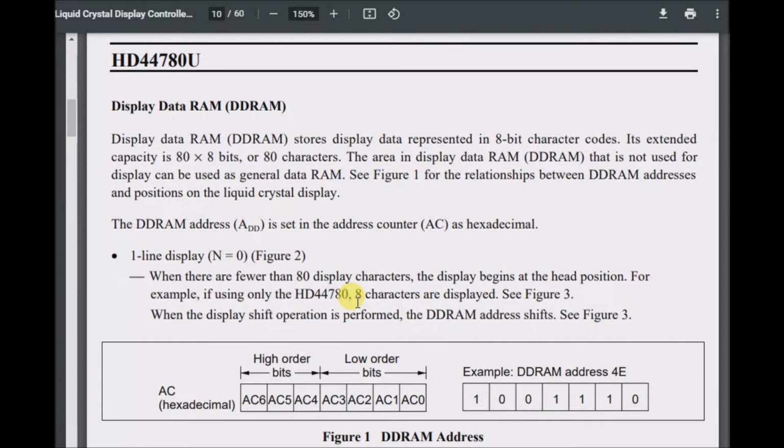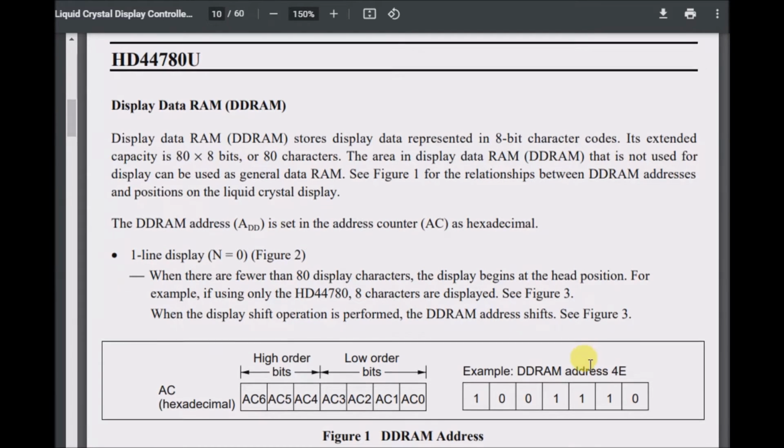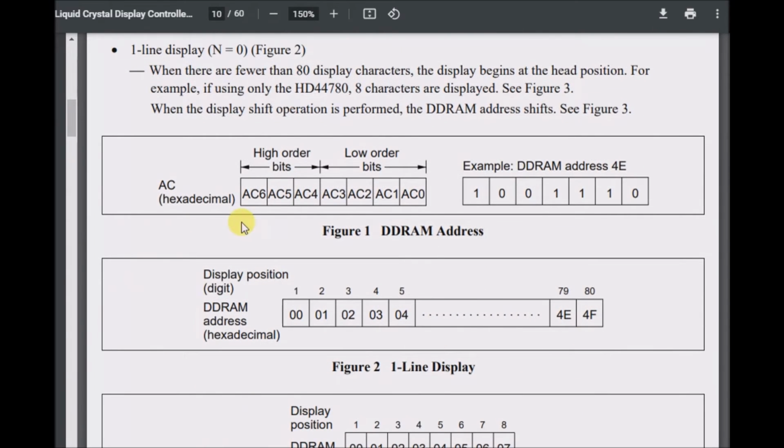For example, if using only the HD44780, 8 characters are displayed. See Figure 3. When the display shift operation is performed, the DDRAM address shifts. AC hexadecimal, high order bits, low order bits.